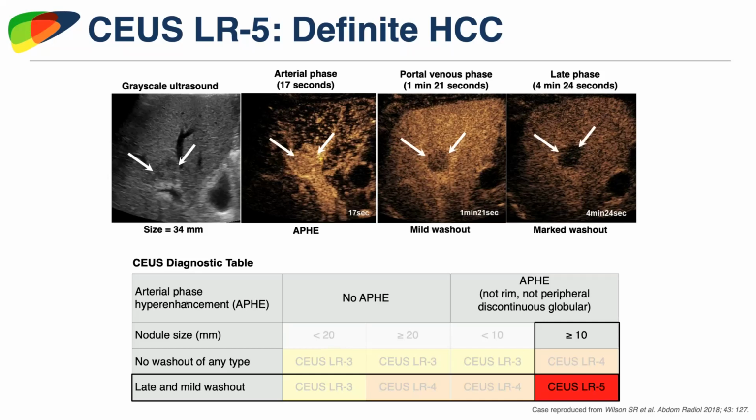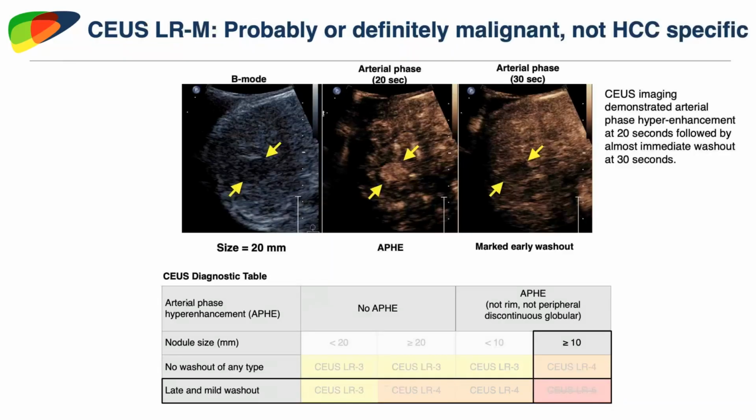Here's a similar observation at 3.4 centimeters, showing arterial phase hyperenhancement and mild washout at 1 minute 21 seconds. It does become marked, but this marked washout is after 2 minutes. So we can still utilize the mild washout between 1 and 2 minutes as a diagnostic feature and definitively characterize this observation as HCC.